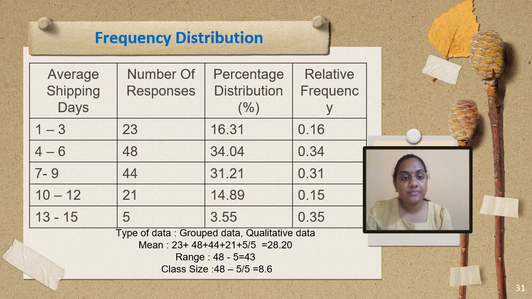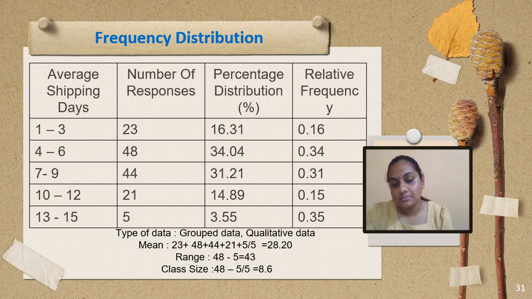That's normal, right? And then the relative frequency for the chosen percentage is 0.34. We can interpret some info from this pie chart. The type of data is grouped data and qualitative data.